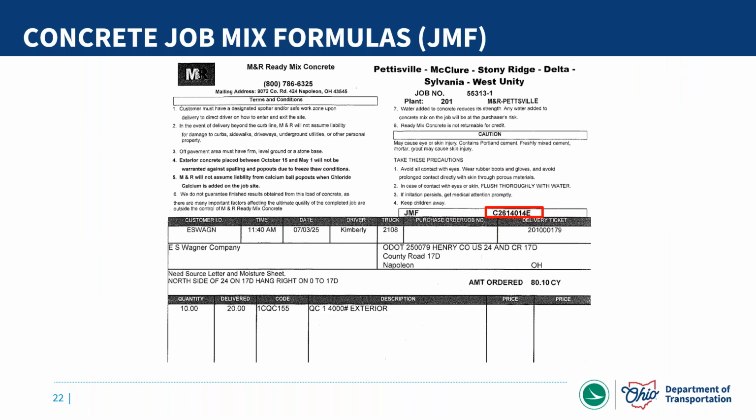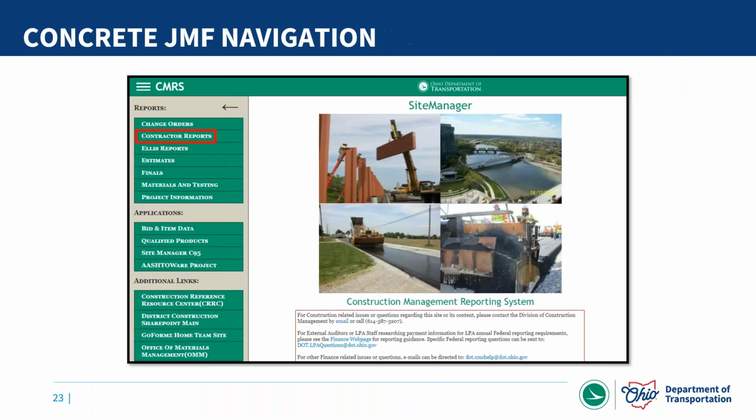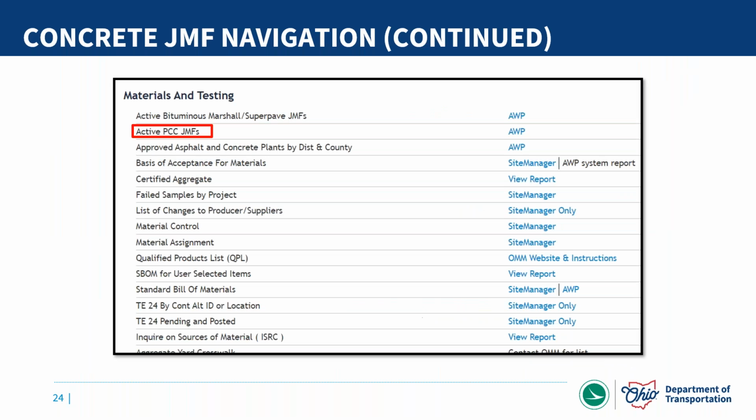And I will quickly go through how to navigate the system to check if a JMF that has come to the site is approved. So you will go to the CMRS portal and click on Contractor Reports. This should be available to all internal and external ODOT users. You'll then click on Active PCC or Portland Cement Concrete JMFs, and then click on AWP next to it.